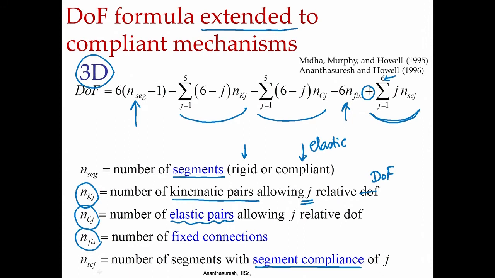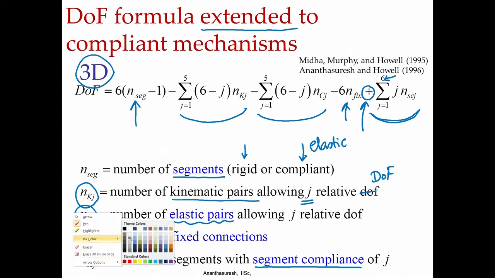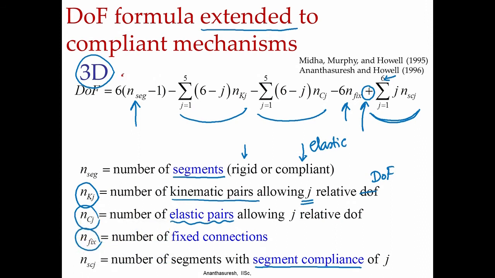Okay. And it is saying that if there are, let us say NSC1, that is, single segment compliance elastic segments, that will add j, meaning for NSC1 we take j equal to 1. So, it will add 1 degree of freedom, that is why we have this plus sign. Okay. Let us look at the formula one more time. The first and second terms are familiar.